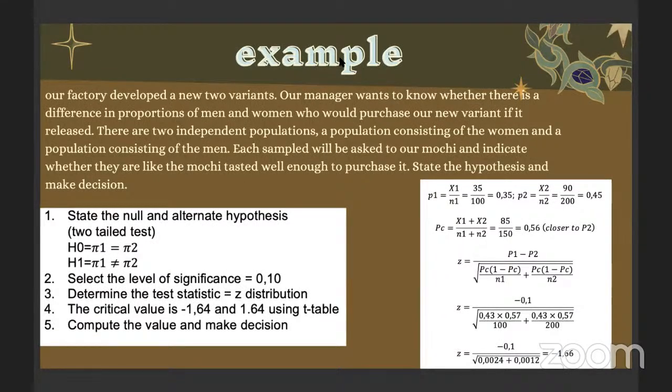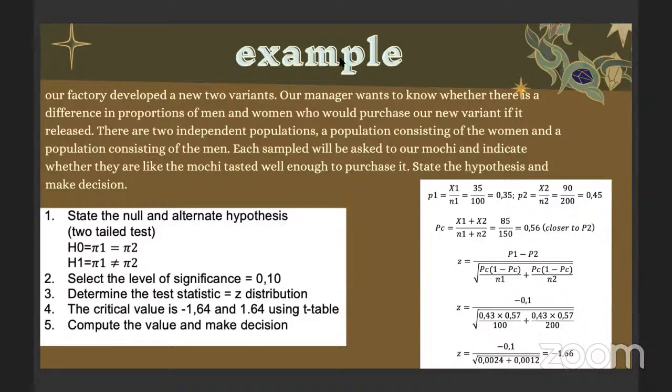There are two independent populations, a population consisting of women and a population consisting of men. Each sample will be asked to try our mochi and indicate whether they like the taste well enough to purchase it. We must state the hypotheses and make a decision.